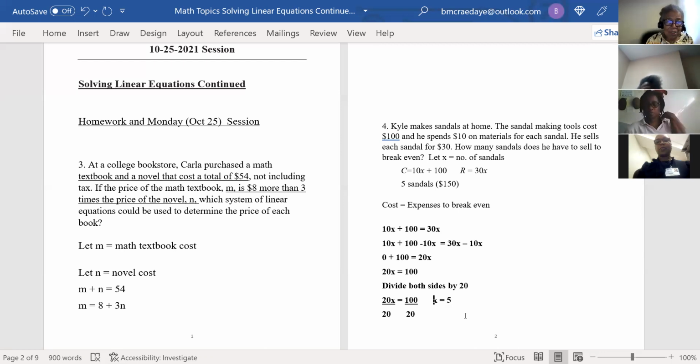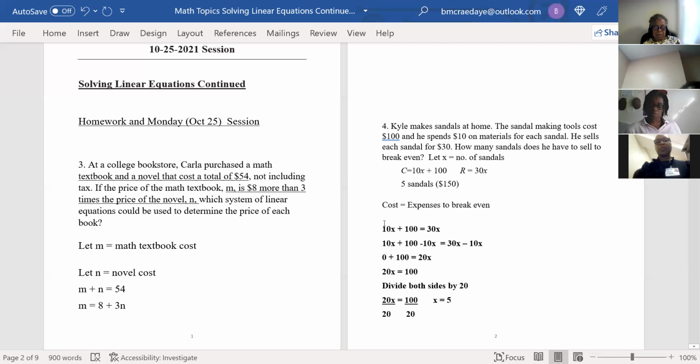All right. So this was one where we had to set our revenue equal to our expenses, right? What he sold it for equal to what he had to pay to make the product. And that's a break-even amount. So a break-even number of items is 5.